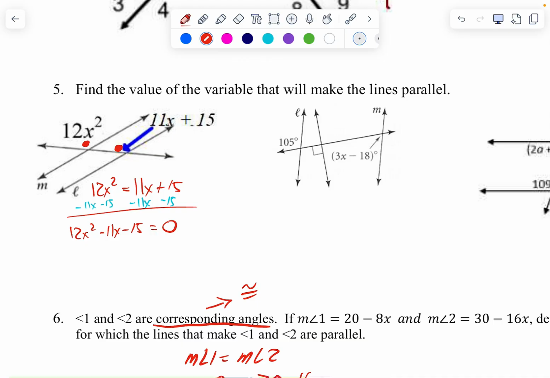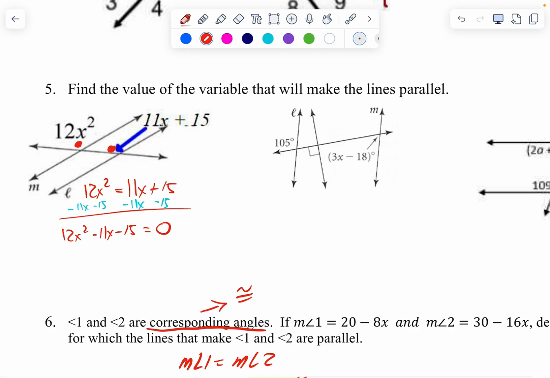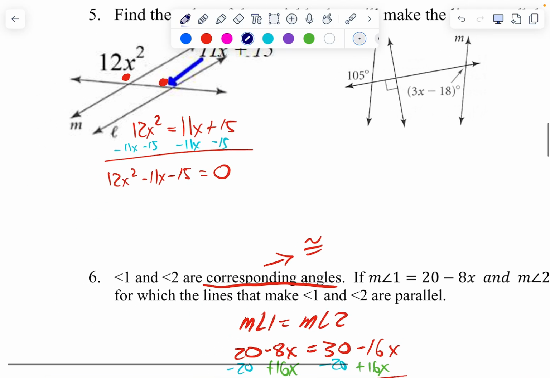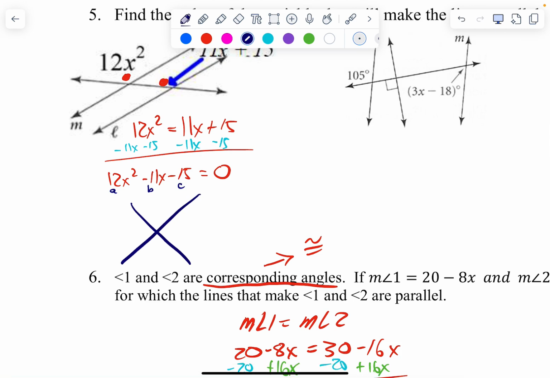Okay, so we have it set equal to 0. And then to do the star, which is a really good method, remember that what's out front of x squared is a, what's out front of x is b, and then the constant term is c. And our star sets up like this, where on the top we write a times c, on the bottom we write b, and on the sides the a value.